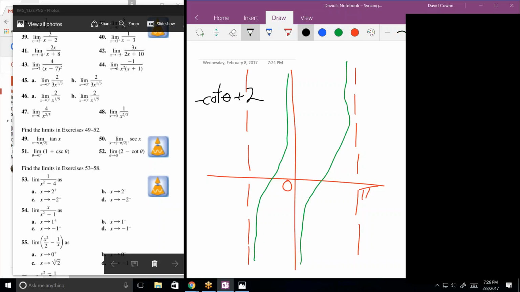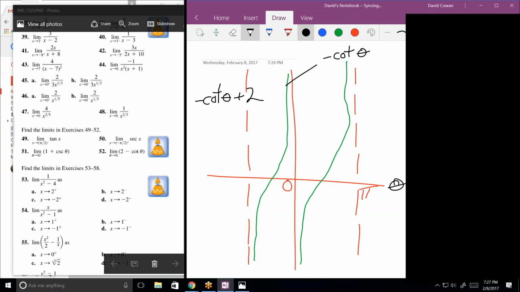Now you can go from the left and the right. So if I approach 0 from the left, what does this thing go to? Ignore the plus 2 because it's not going to affect anything. This curve right here is negative cotangent of theta.